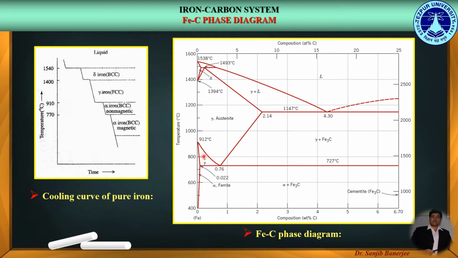In hypoeutectoid steels, we have primarily ferrite plus pearlite phase at room temperature, whereas for the hypereutectoid steels, they are cementite and pearlite.